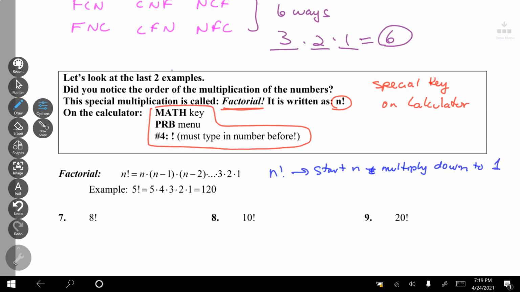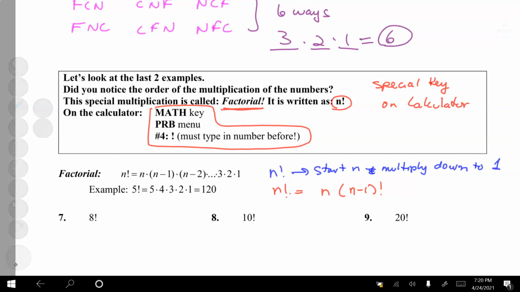Or even better yet, n factorial is just n times n minus 1 factorial, all the previous terms. So like 1 factorial is 1, 2 factorial is 1 times 2, which is 2, 3 factorial is 1 times 2 times 3, which is 6, and so on and so forth.